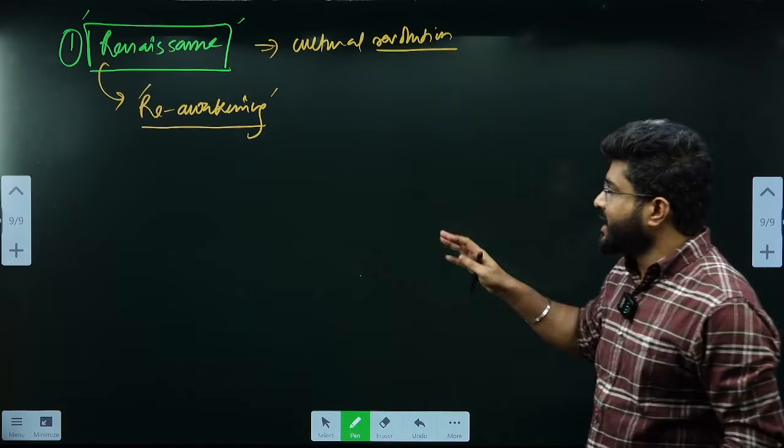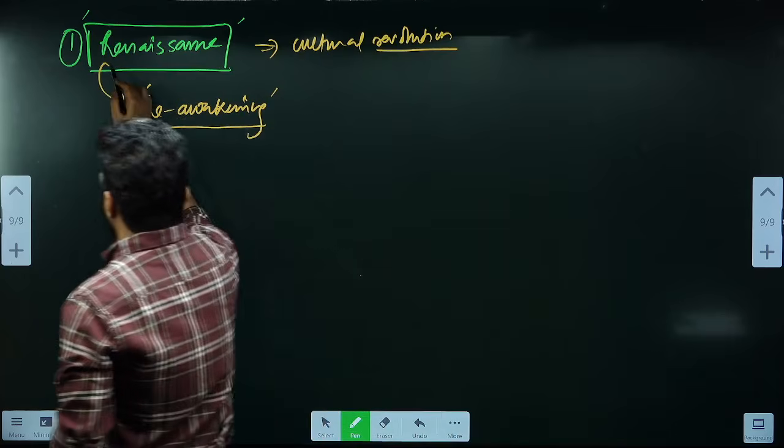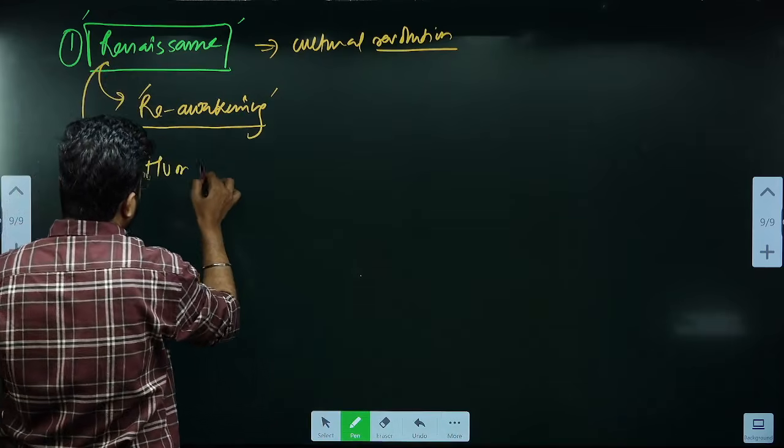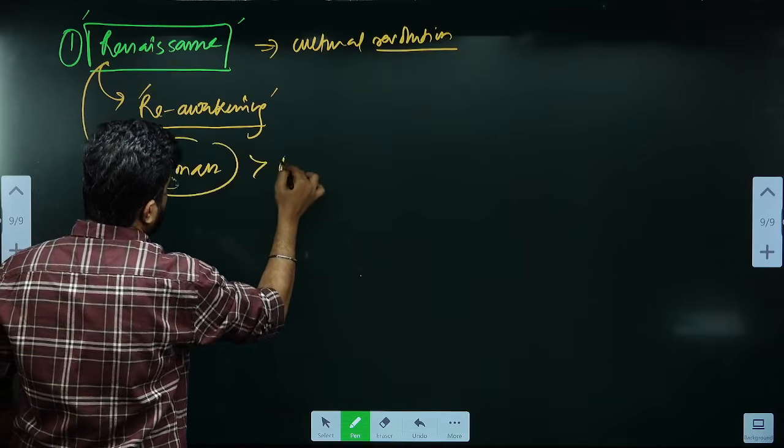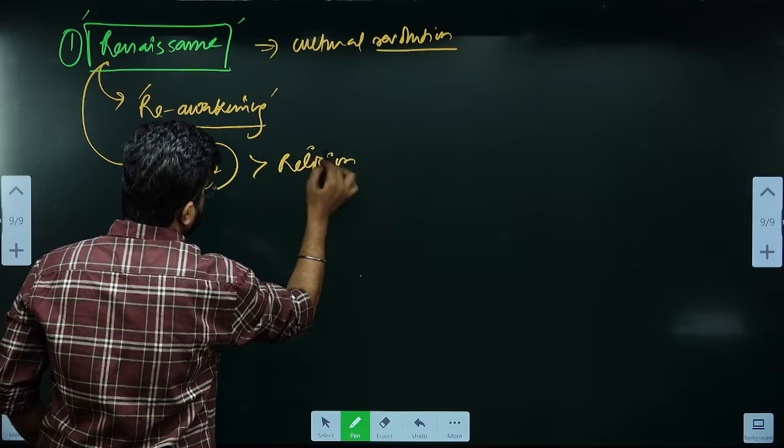It started to focus on human beings rather than focusing on religion.